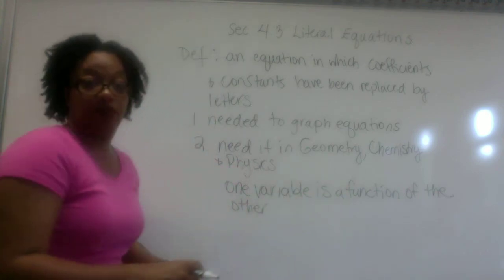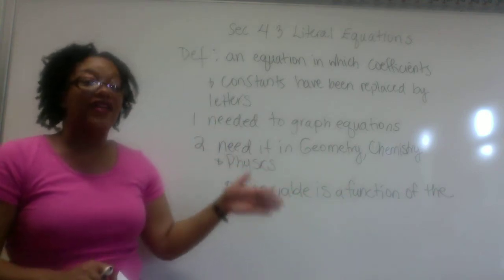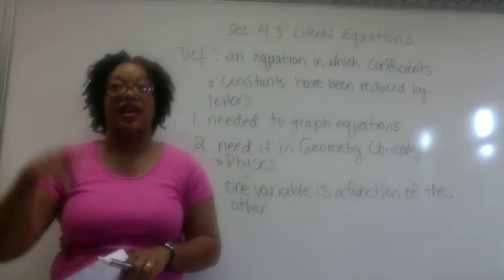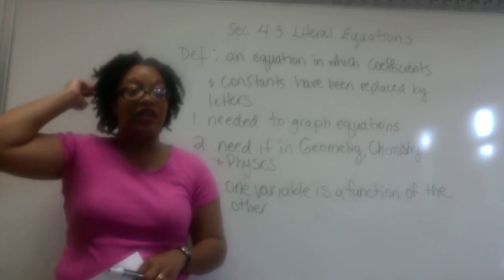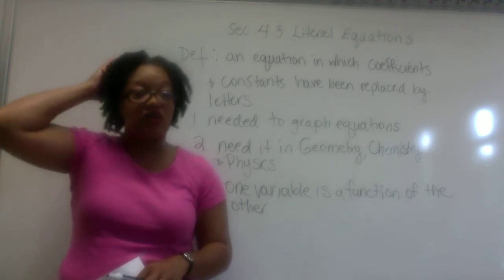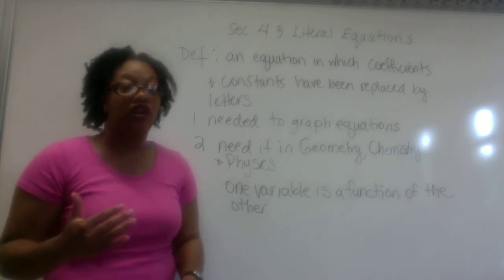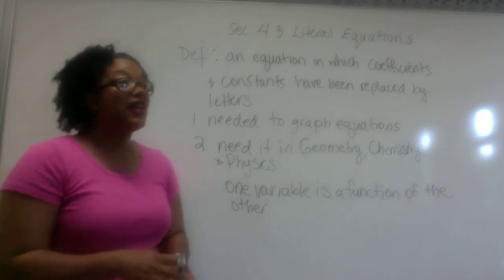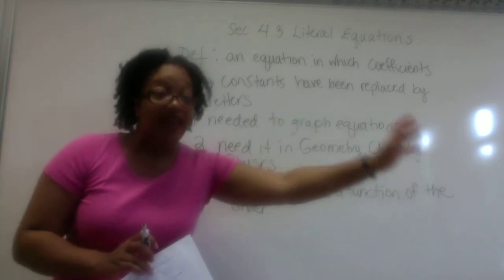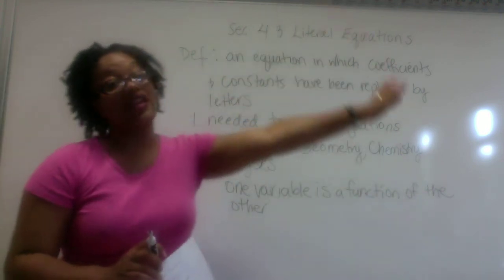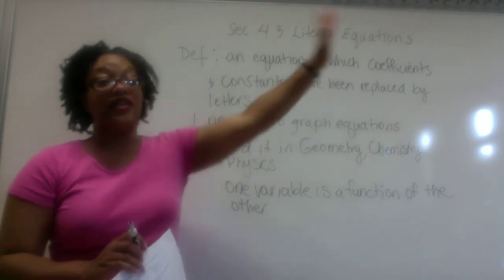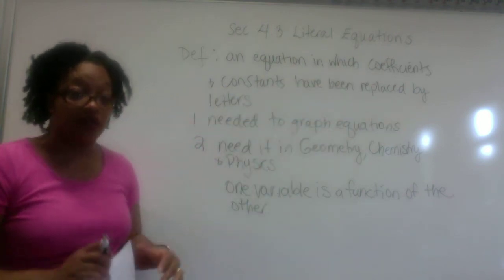One of the variables is a function of the other. That's just a fancy way of saying one variable needs to be equal to everything else in the equation. You're going to isolate that variable just like we've been doing with x, but instead of x equal to a number, x is going to equal everything else from the equation. Everything else will be on the other side of the equal sign.